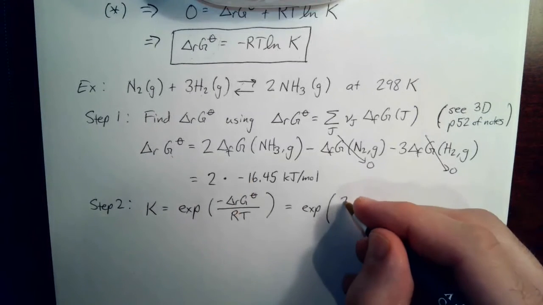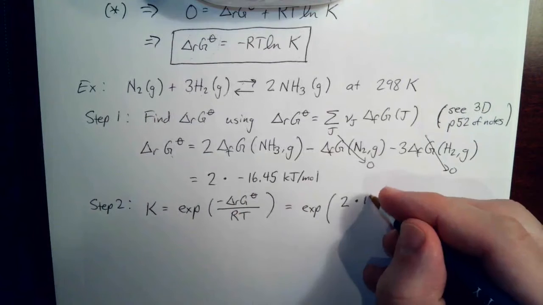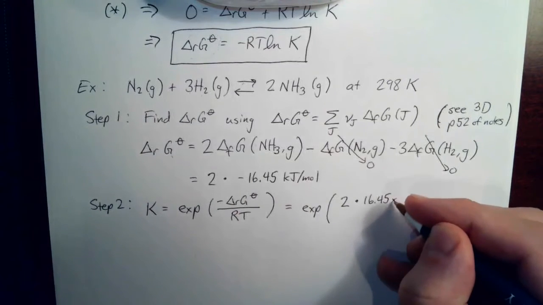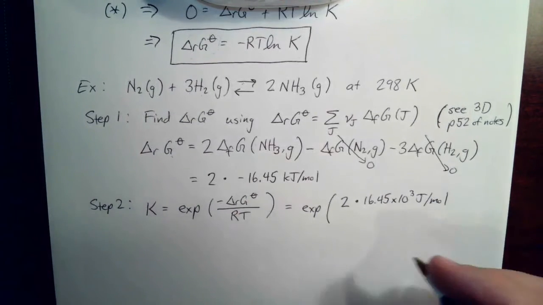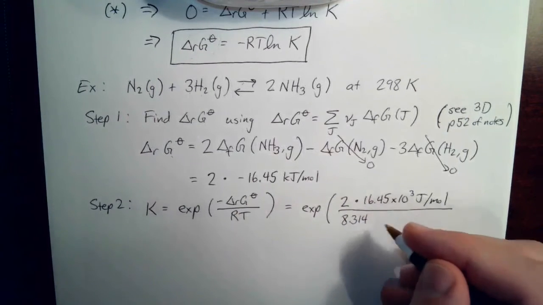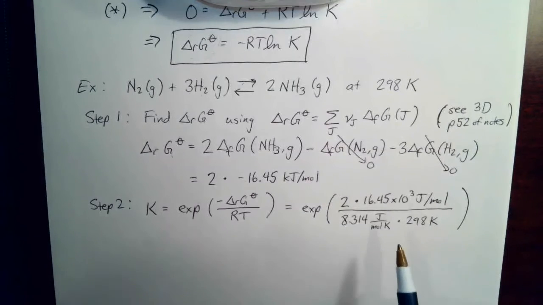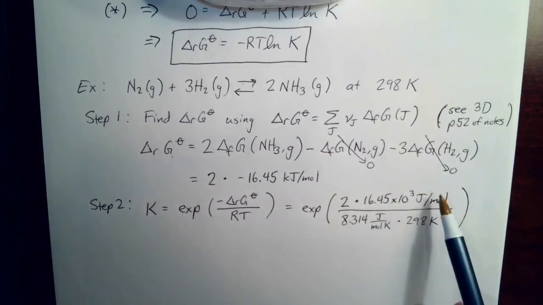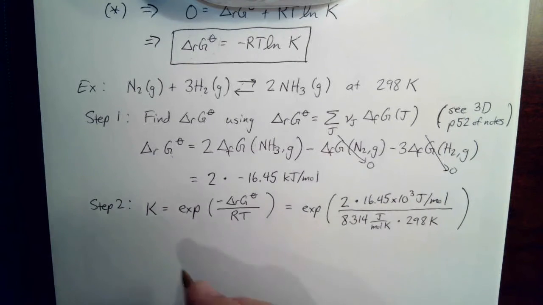So I'm going to have 2 times, and I'm going to convert this to joules, so 16.45 times 10 to the 3 joules per mole over my gas constant times my temperature. And as we saw before, all the units cancel, so I get a unitless number, which is what we expect.